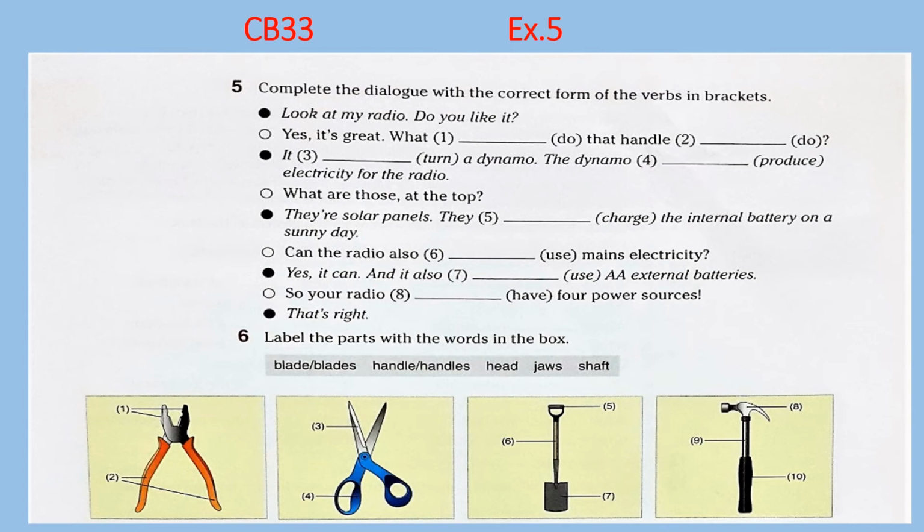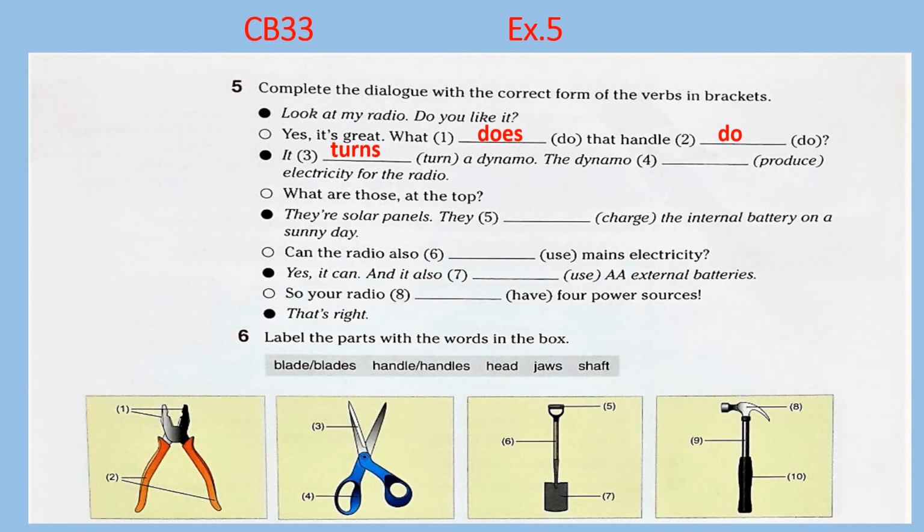Look at my radio. What is the correct answer for number 1? What does that handle do? So here this question asks about the function or the job of this handle. It is a singular word, so we need to add an S. It turns a dynamo.